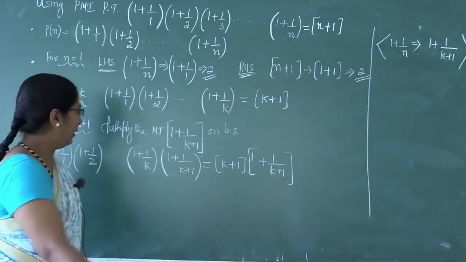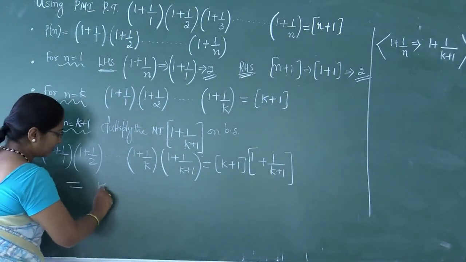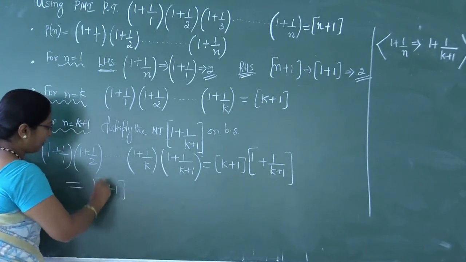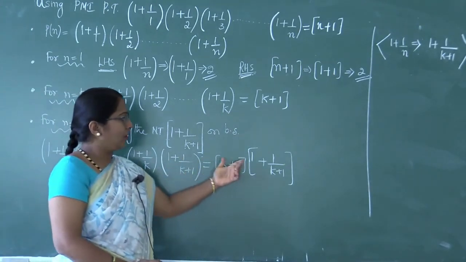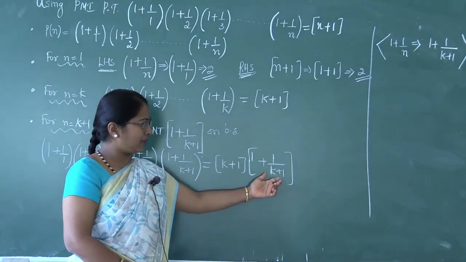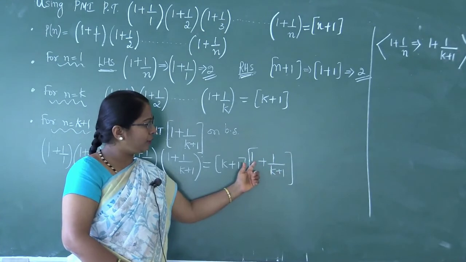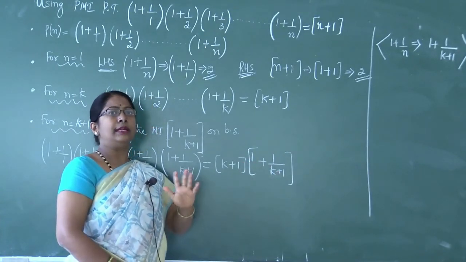Clear everybody? Now you need to consider the RHS part here. K plus 1 in the RHS. I will write k plus 1 as it is. What do I have here? 1 plus 1 divided by k plus 1. Take LCM and cross multiply. K plus 1 into 1 will sum up to k plus 1.